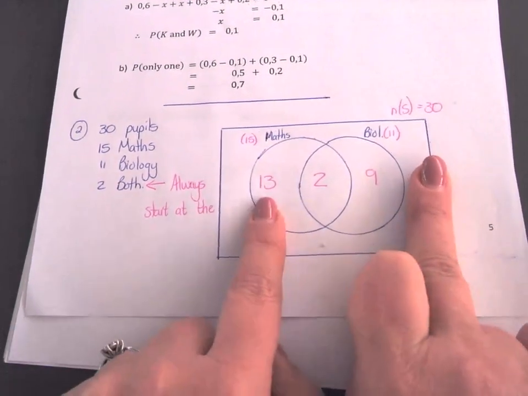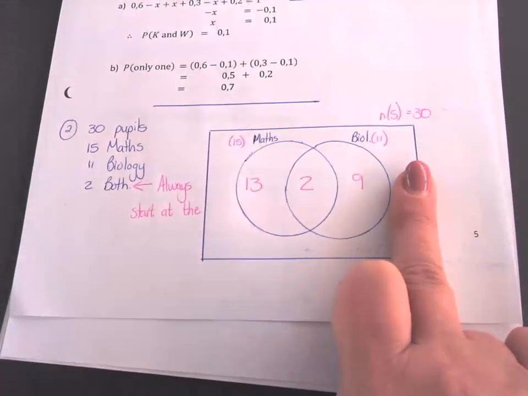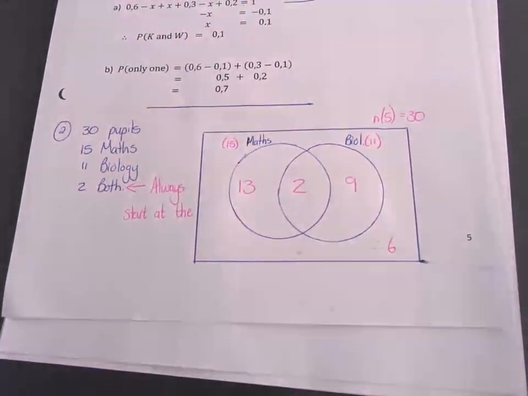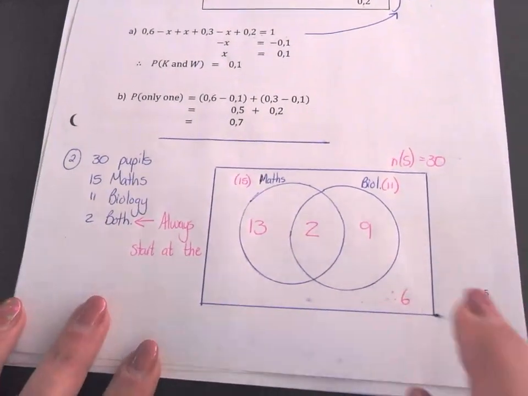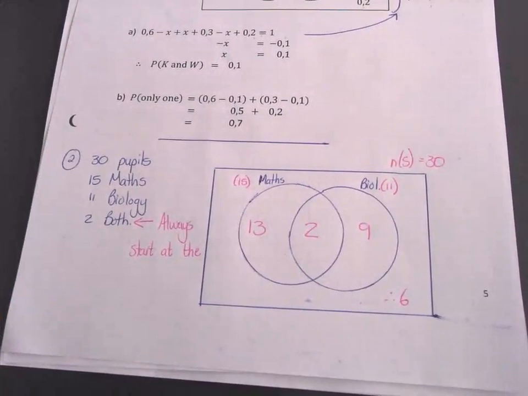Now we have 13 plus 2 plus 9, that's 24. But there's a class of 30. So where's the other 6? Outside. Very nice. Don't forget the outside one. Then the questions can follow.